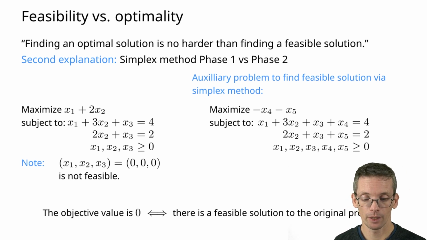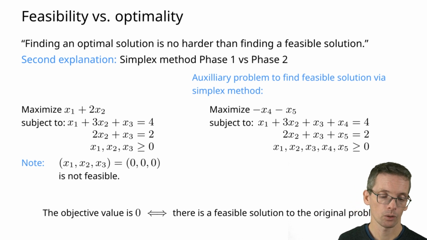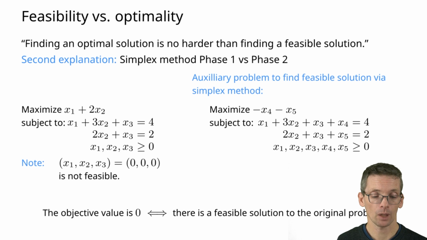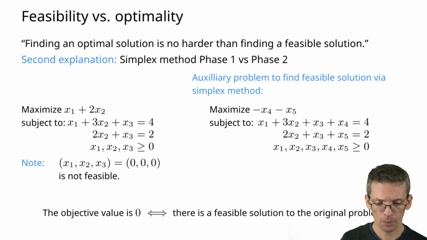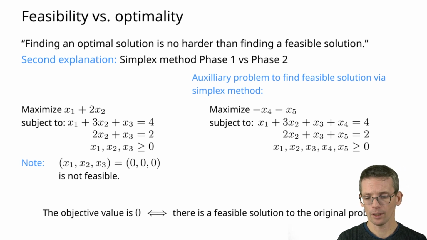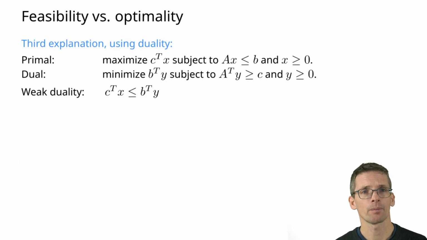So here we reduce the problem of finding a feasible solution to finding an optimal solution to the auxiliary. So this links feasibility and optimality. It doesn't quite tell us what we wanted to know here, but duality does.